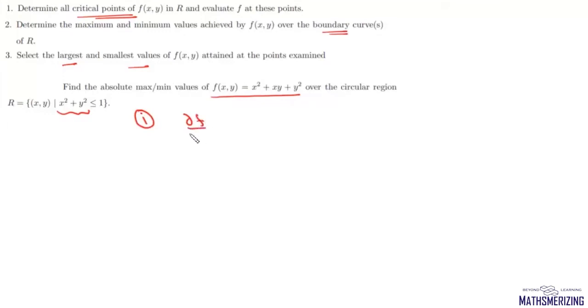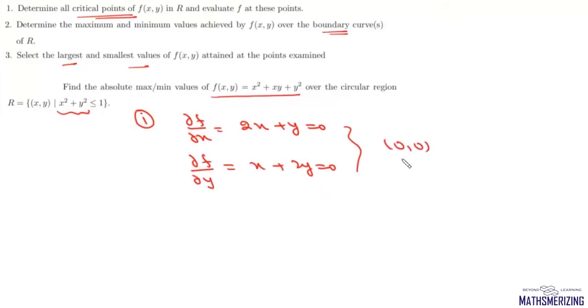So del f upon del x will be 2x plus y equals 0, and then we'll find del f upon del y, and here it will be x plus 2y equals 0. From solving these two, we'll get one critical point, and that will be (0, 0).